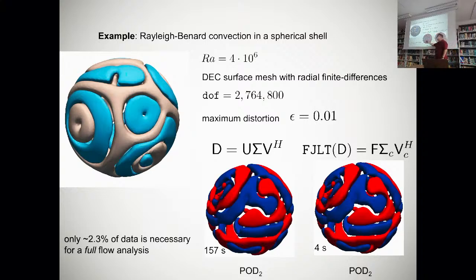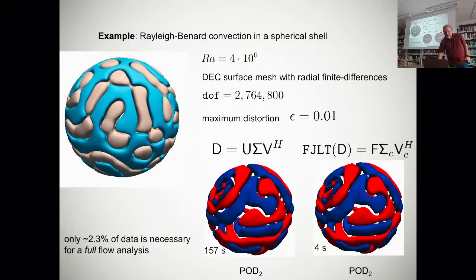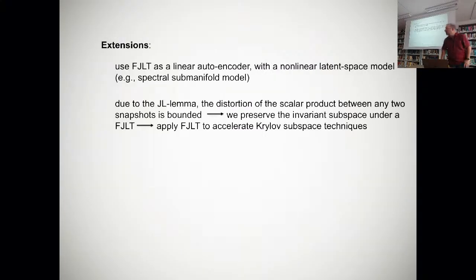So this one is way, way overdimensioned by the SVD. There's a lot of redundancy of calculations that you could avoid if you compress it down while still preserving the time domain. So at the moment, we're going to use the FJLT as a linear autoencoder.